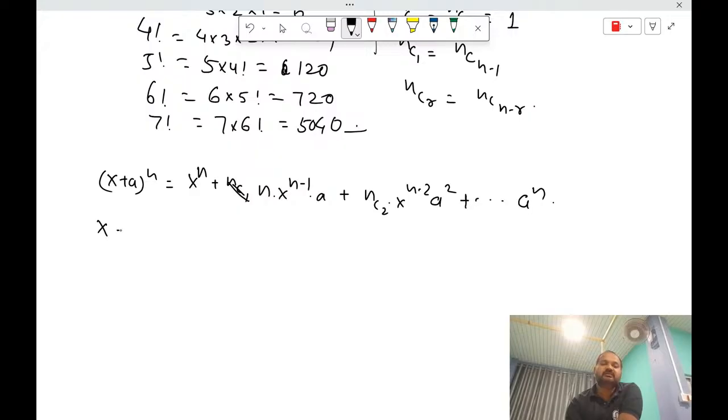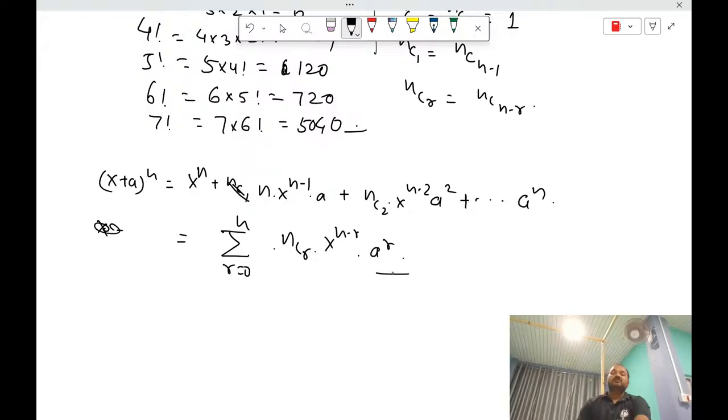Similarly, because this is the sum of the nCr terms starting from nC0 to nCn, we can write the terms in summation form, as r from 0 to n of nCr x to the power n minus r into a to the power r.